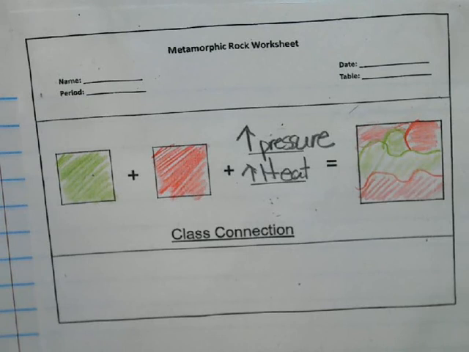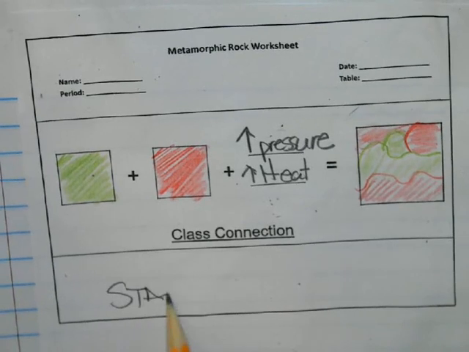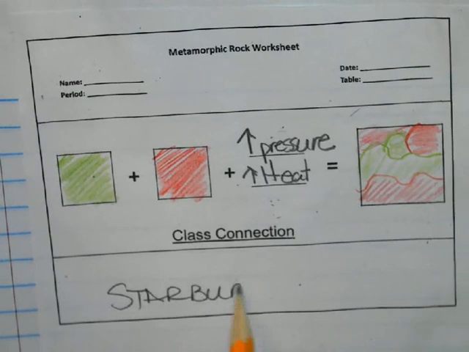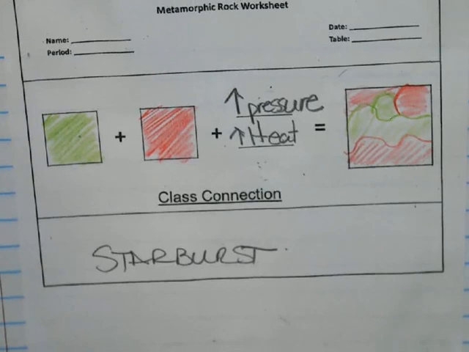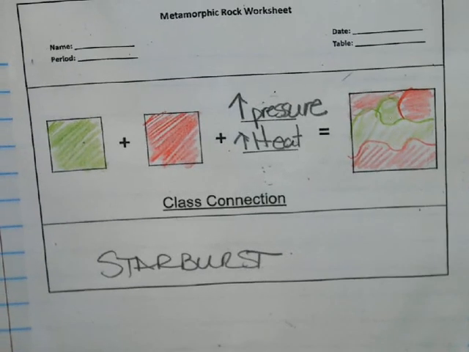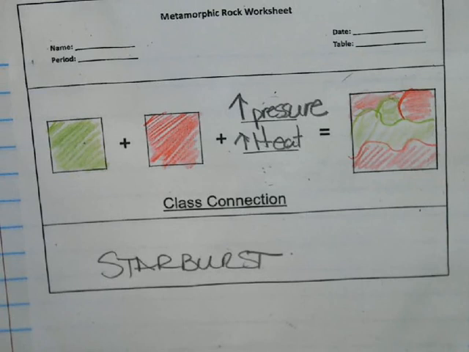Now, for the class connection, I just want you to remember that this was the starburst lab. So write starburst. And metamorphic, because there's so much heat and pressure and it's deep in Earth's crust, it's all jumbled up.